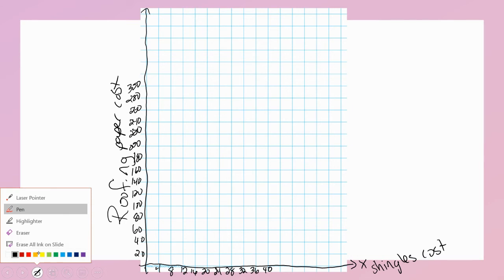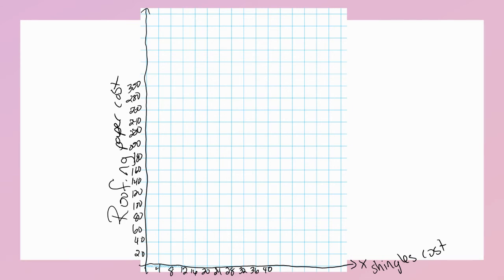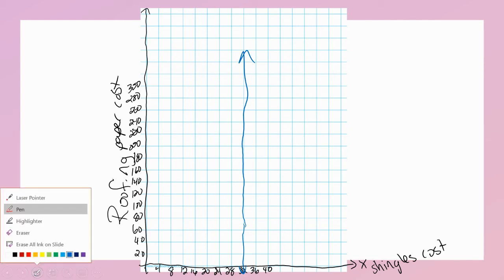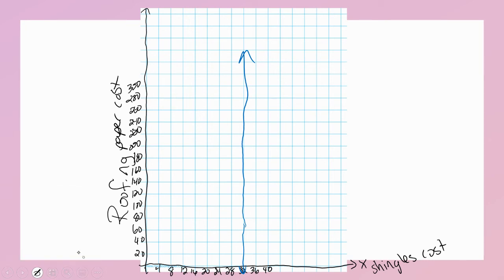All right. So I'm going to start with graphing the x is equal to 32. So that is a vertical line right here at 32 on the x-axis. For my other graph, we have a y-intercept of 260.